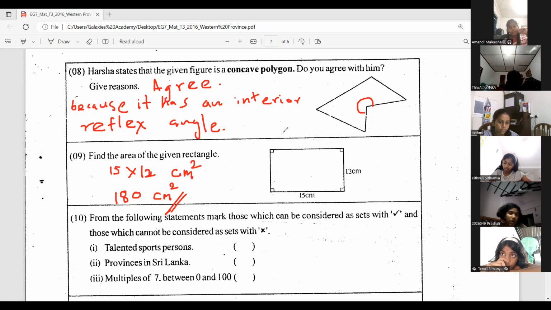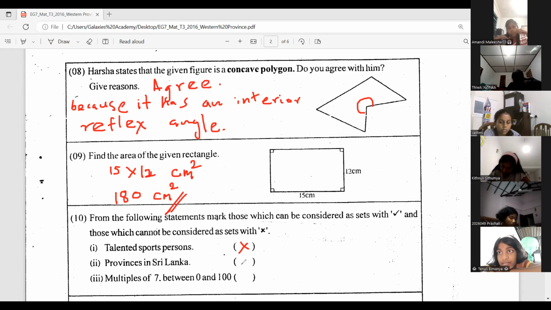Because it's like an emotion. Yes. Emotions we can't consider as a set, no? When we consider talented, we can't check it, right? Person to person it may change, so it is not a set. Provinces in Sri Lanka, Tenuli, set or not a set?